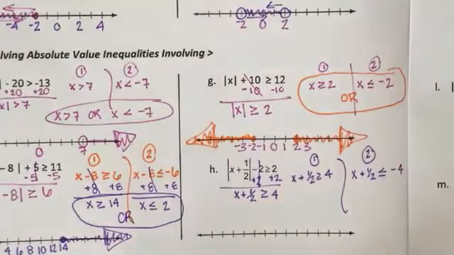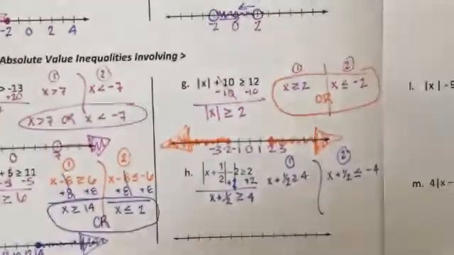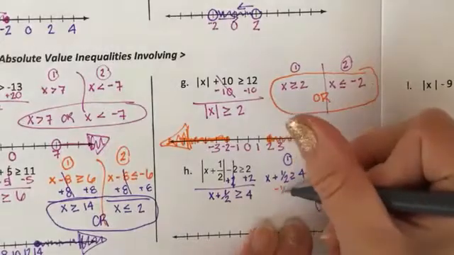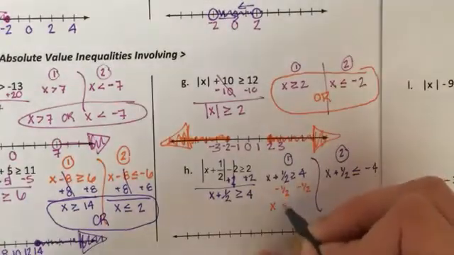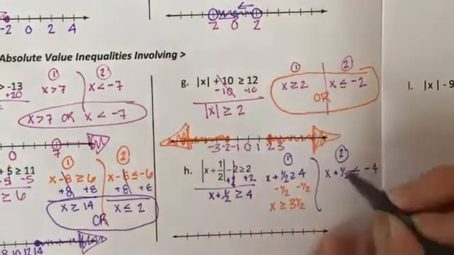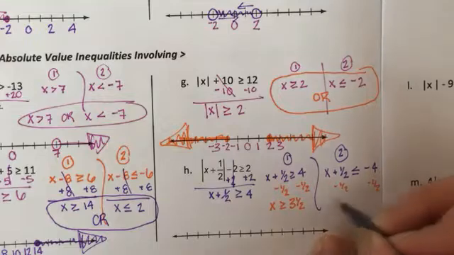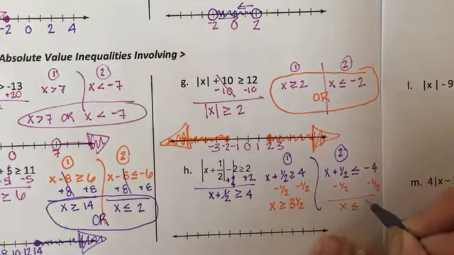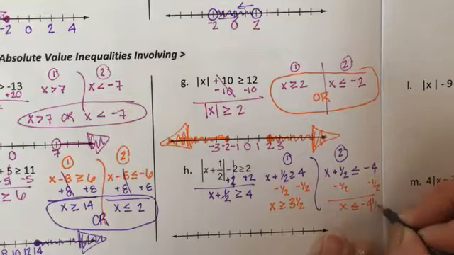They do give you fractions. They usually tend to be fairly simple ones that you guys can do in your head. So in this case, I need to subtract 1/2. So this is x is greater than or equal to 3 and 1/2. And then this one, minus 1/2, x is less than or equal to negative 4 and 1/2.